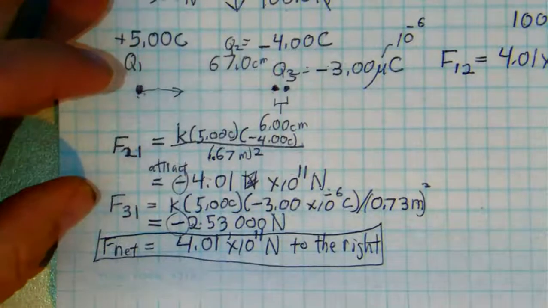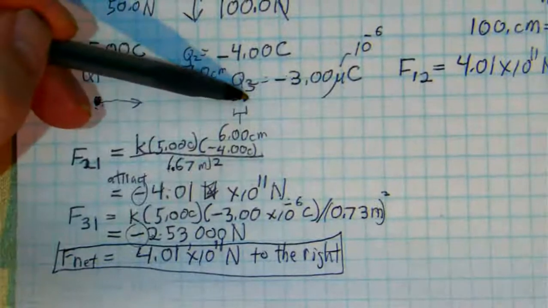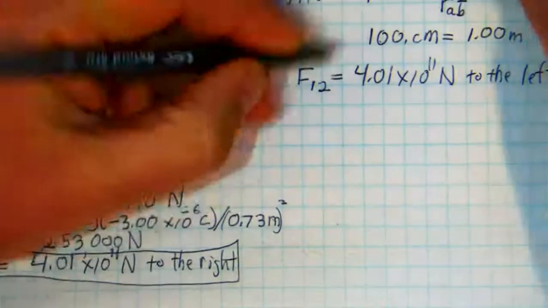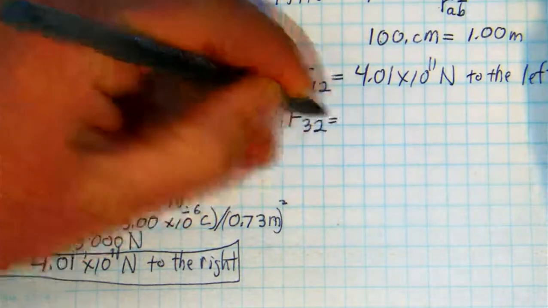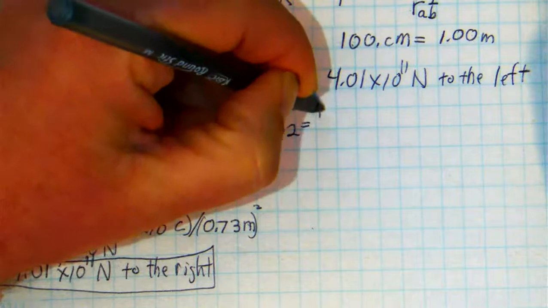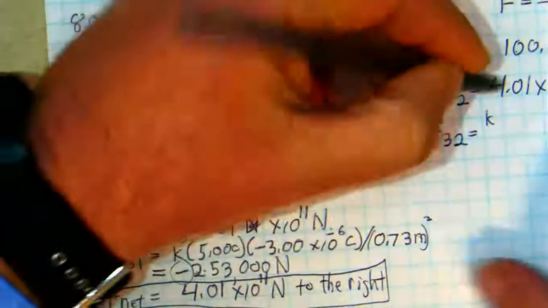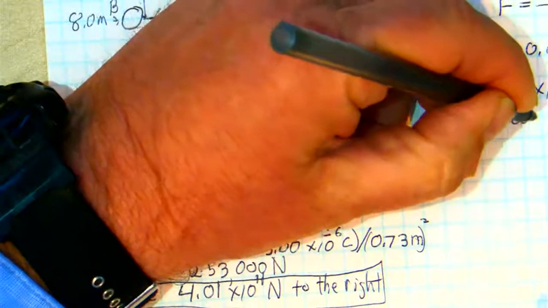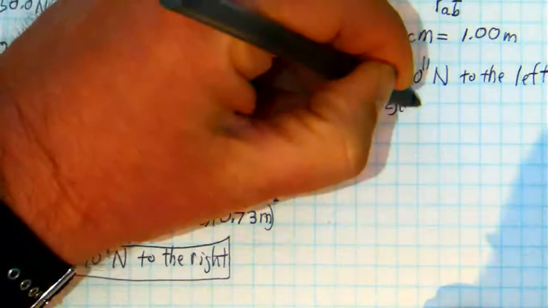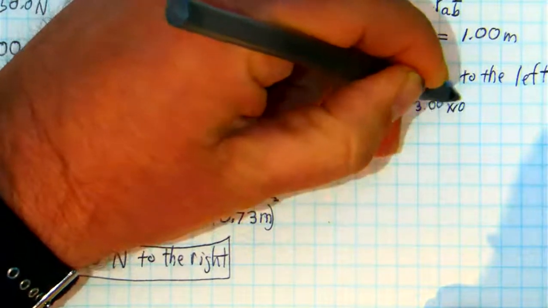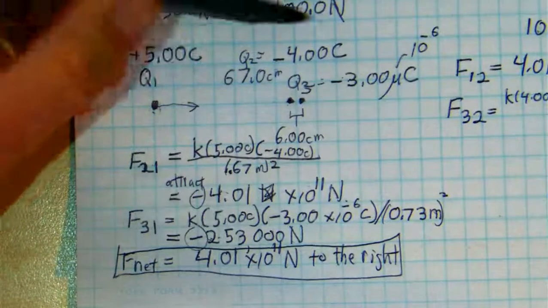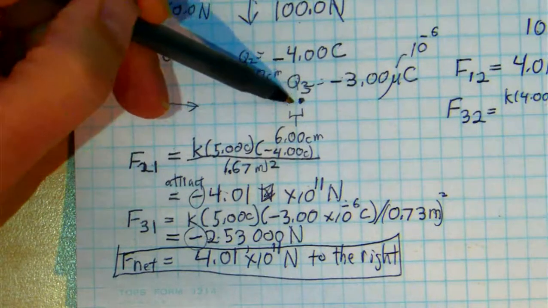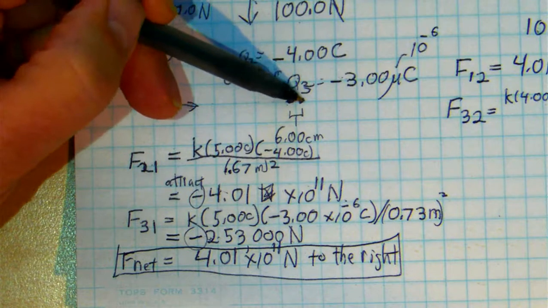Now I'm going to calculate the force of Q3 acting on Q2. So the force of charge 3 acting on charge 2 is going to be K times negative 4 coulombs times negative 3 times 10 to the negative 6th coulombs, divided by, now in this situation, the distance between them is small.